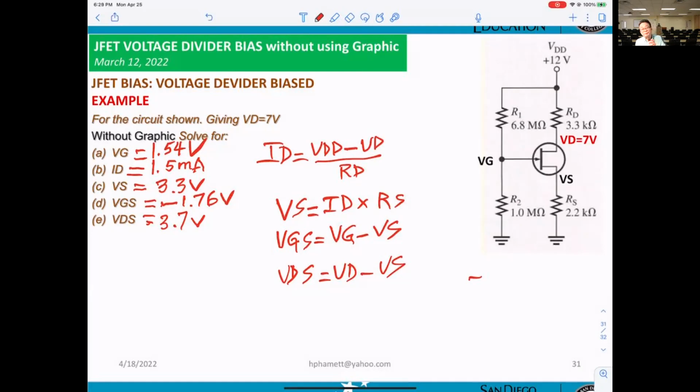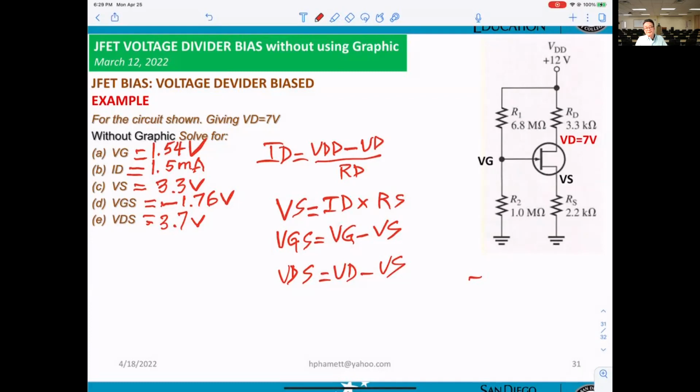Okay, so to summarize the JFET DC bias: same thing as with bipolar, they need DC power to make the transistor work. In the JFET, there are normally three ways to bias.